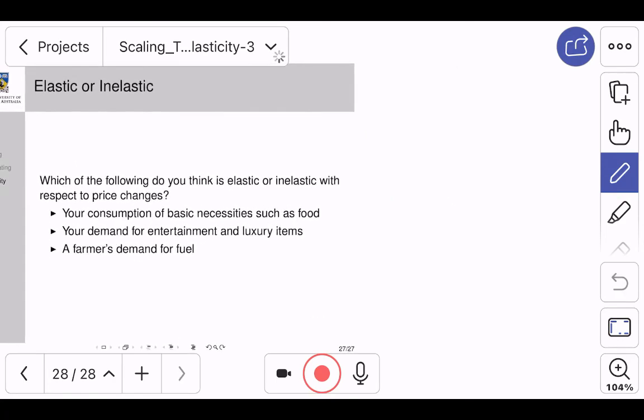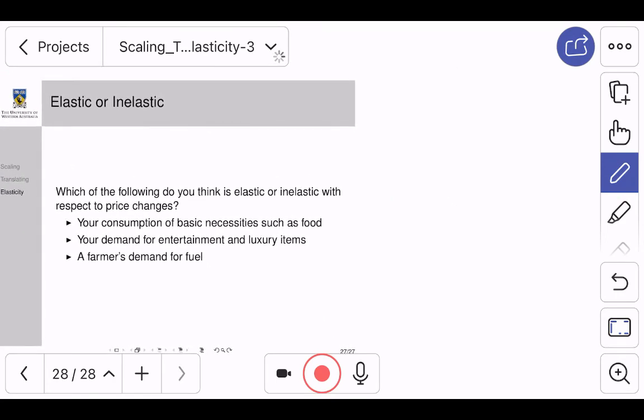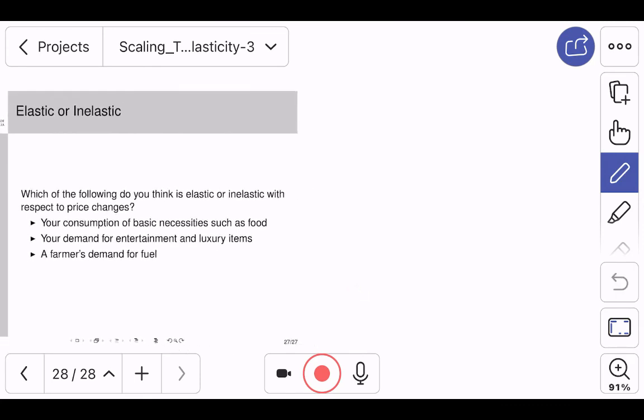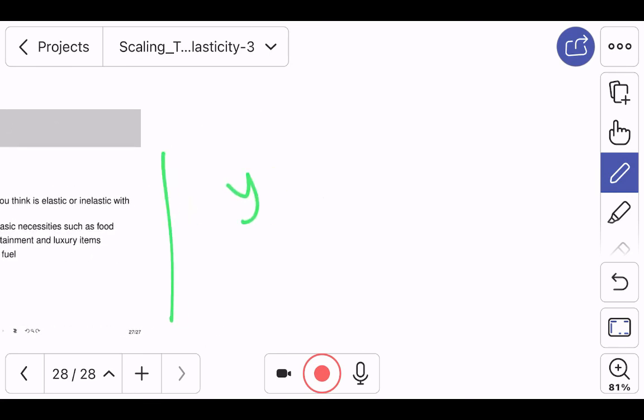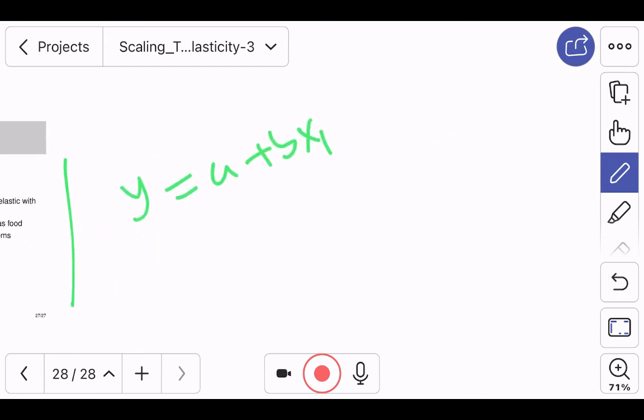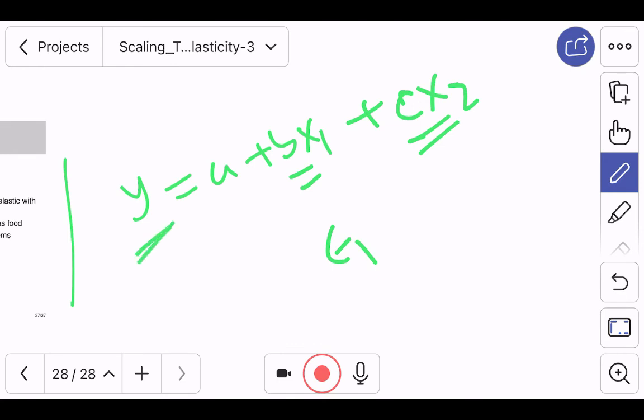And if you are wondering why we care about whether something is elastic or inelastic, well, it's a measure of how important a variable is. So if I have to go back to our initial question, if I have a model and it has more than one variable, and if I cannot use the slopes to say which one is more important, well, then I am going to take elasticity of y with respect to x1 and compare it with elasticity of y with respect to x2.